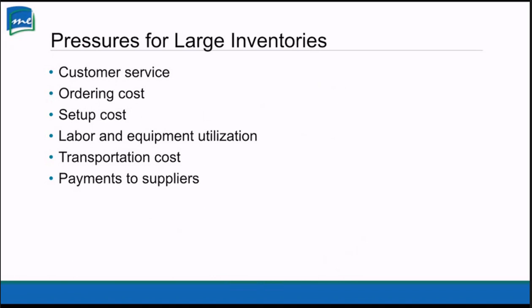It's about when you plan to hire somebody, you need to pay for the hiring process. If you keep small inventories and need a lot of units, you have to place more orders, and more orders means more payments for ordering cost.